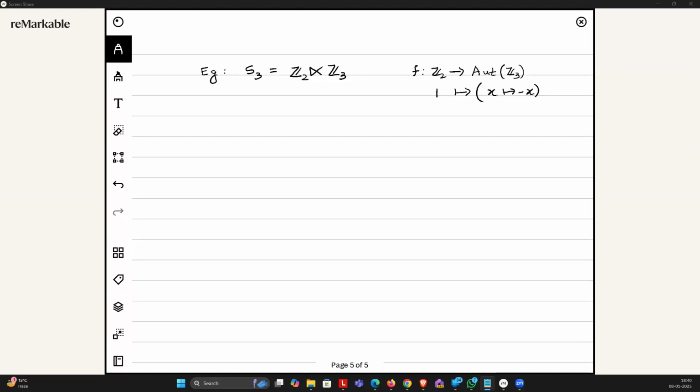Is this okay? Yes, sir. One can check that the resulting group is isomorphic to S3.